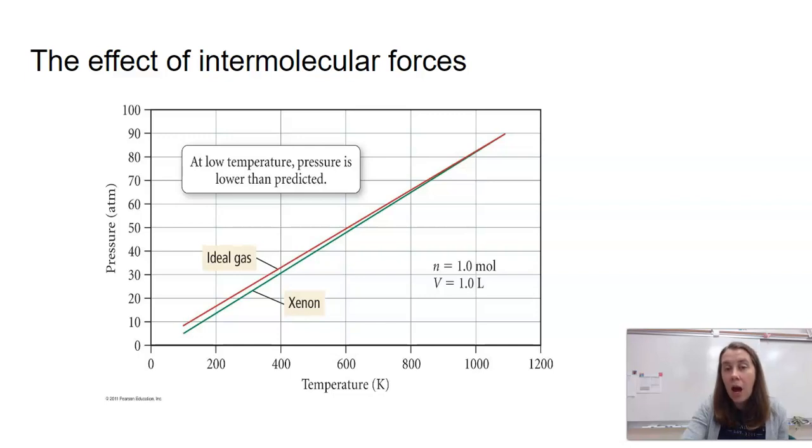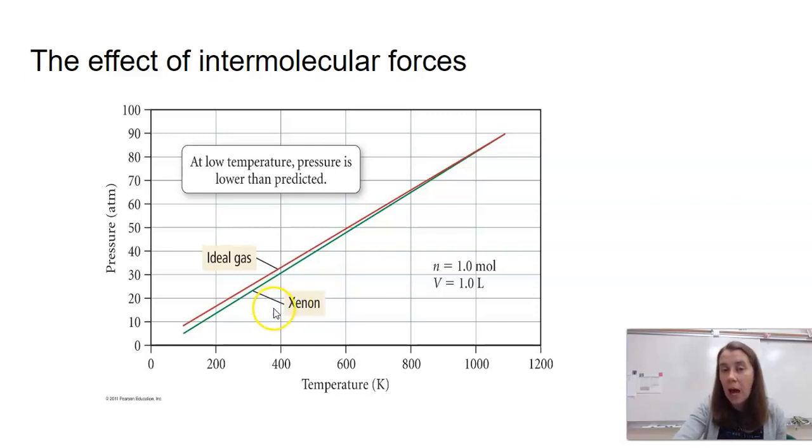Okay. Also, if we have gas molecules that are bigger, then they're more likely to have stronger van der Waals attractions or London dispersion forces, right? Those ones that all the nonpolar molecules and atoms have. So xenon, being just a single atom, can only have dispersion interactions.